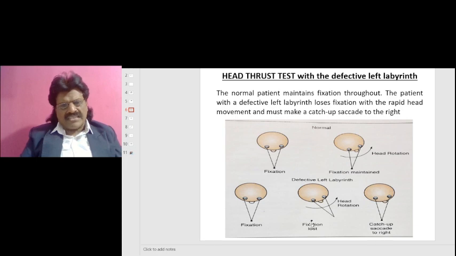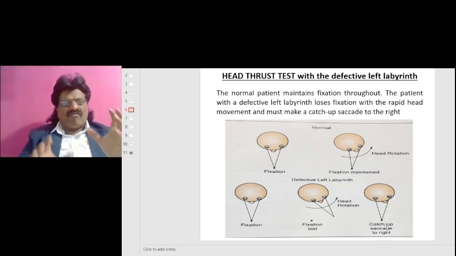So the fixation is lost if there's a defective labyrinth, in this case left labyrinth. So what happens? The patient must make a corrective saccade again to fix exactly on the object, example the examiner's nose. So this is known as catch-up saccade to the right.